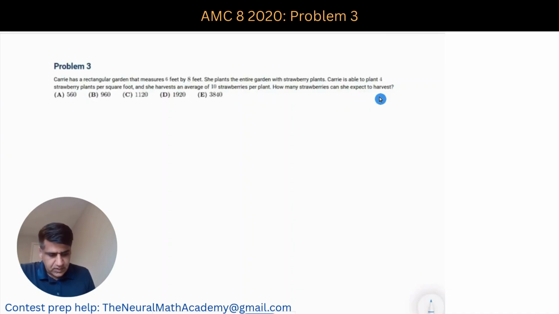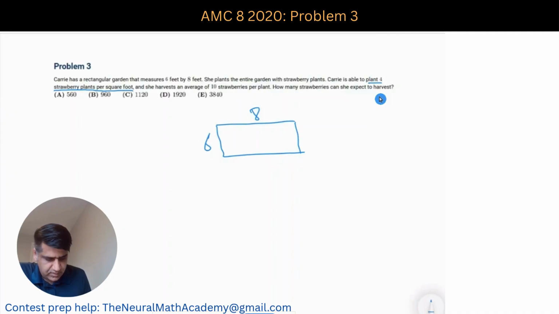So, first we will see what's the total area for this rectangular garden. So that is 6 by 8 feet, and she is able to plant 4 strawberry plants per square foot.